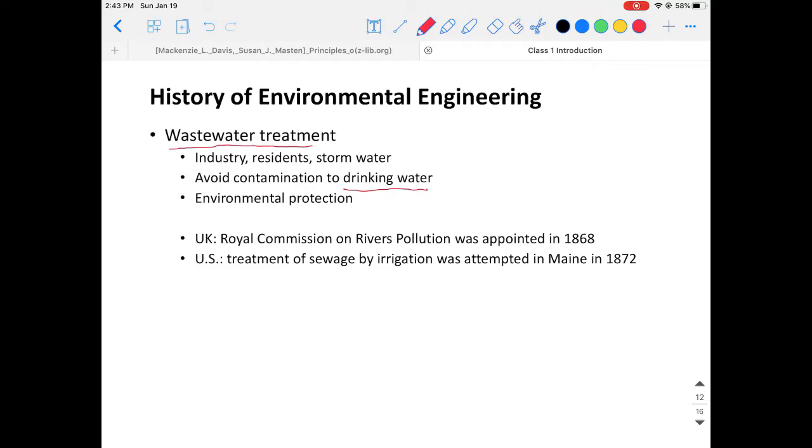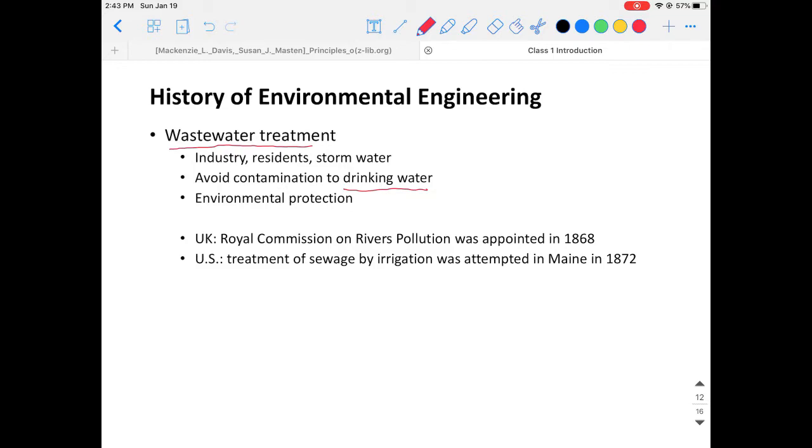So wastewater treatment is mainly targeted at avoiding contamination of the drinking water, okay, before we release this wastewater back into nature, for example, the lakes or the rivers.